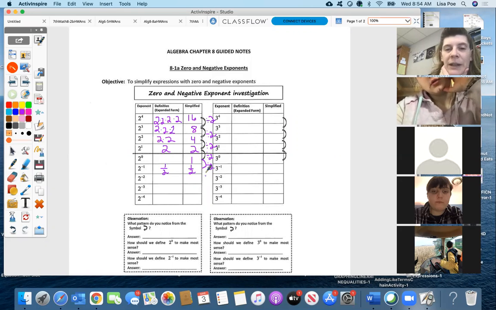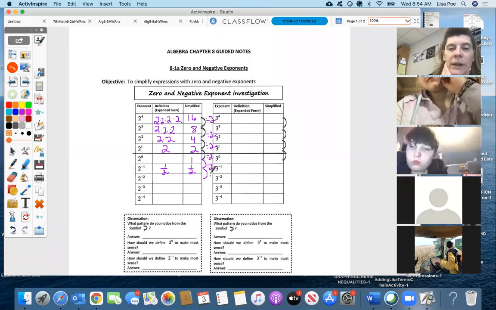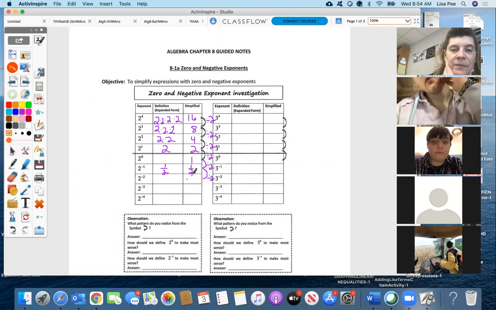Then what's 1/2 divided by 2? 1/4, which is really 1 over 2 times 2.